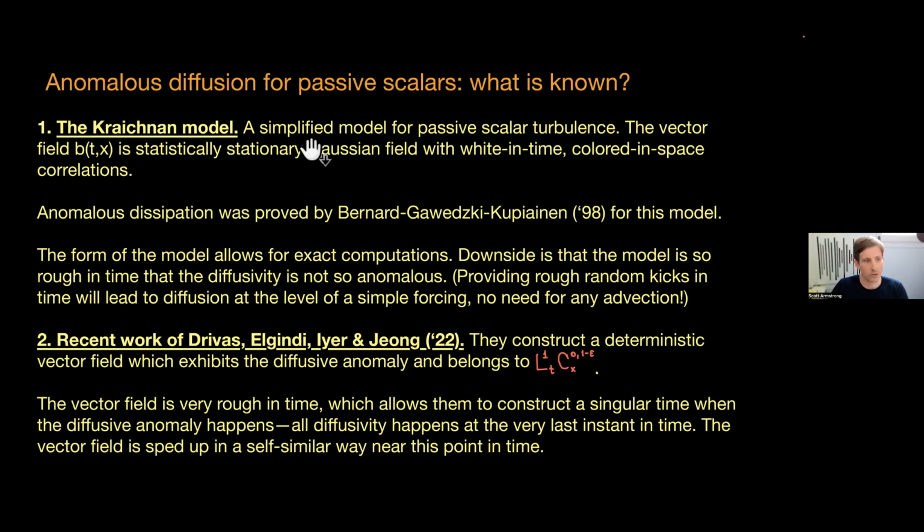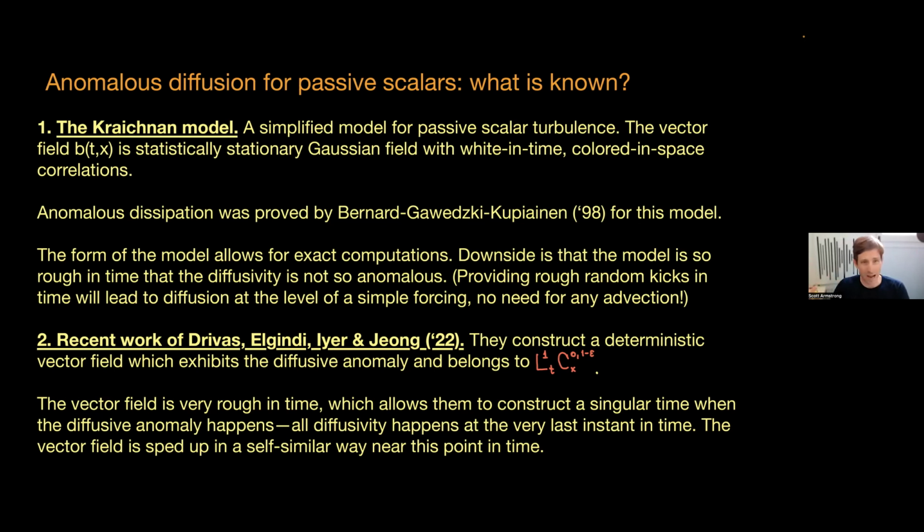Okay, and using this, a lot of people study this model, and there's a paper. I should probably quote like 50 papers, but I'm actually ignorant, so I cannot. But there's this paper by Bernard, Gawedzki, and Kupiainen 25 years ago, who proved anomalous diffusion or anomalous dissipation for this model for the passive scalar with this particular vector field.